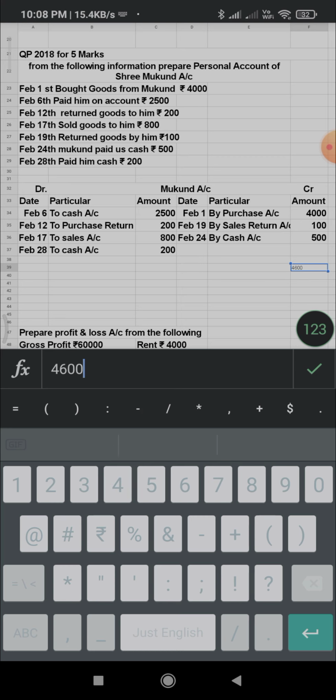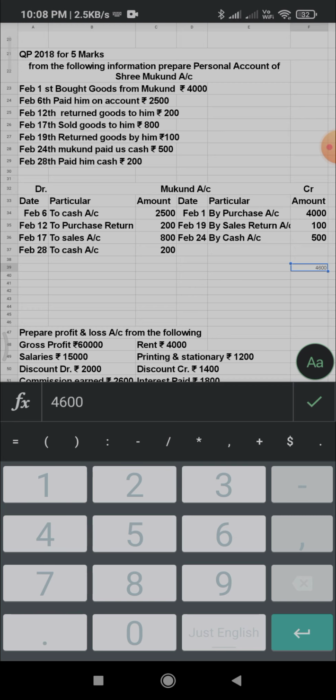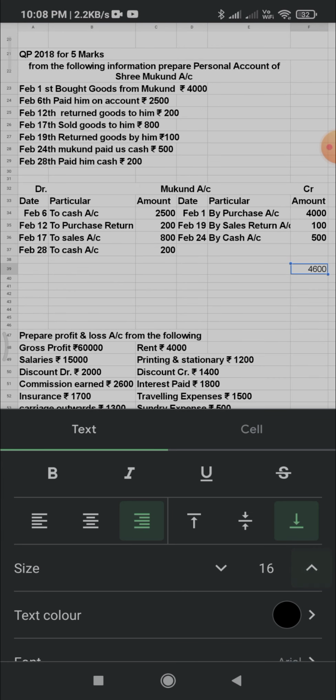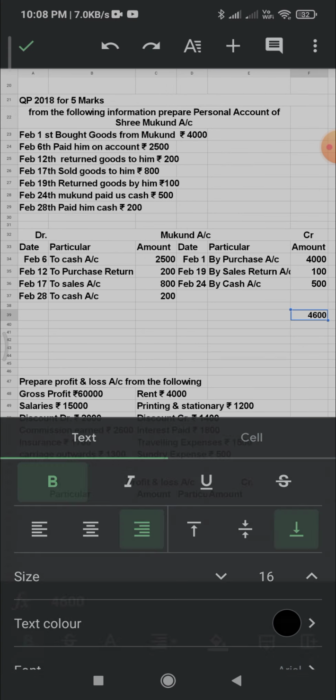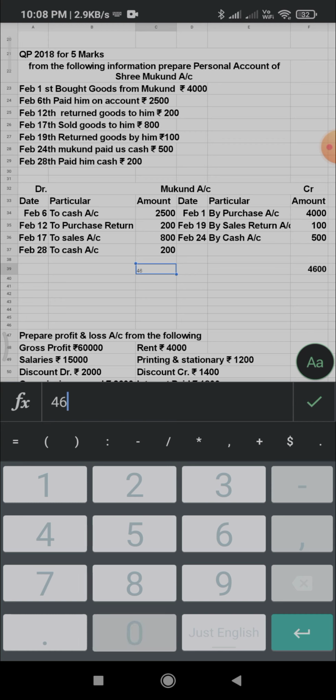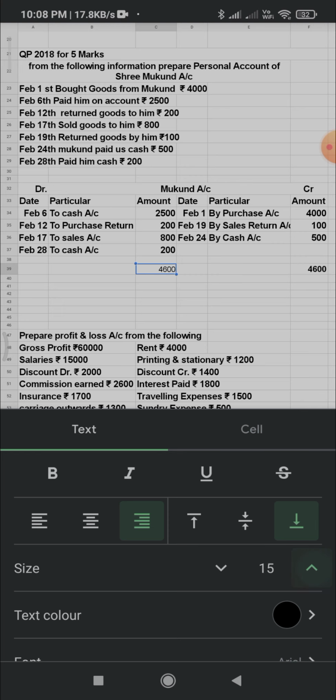So we'll take 4600 on the credit side, and the same total we'll write under the debit side, 4600.